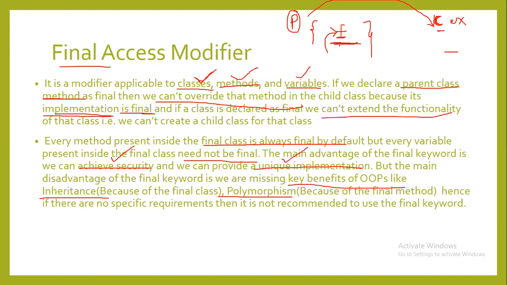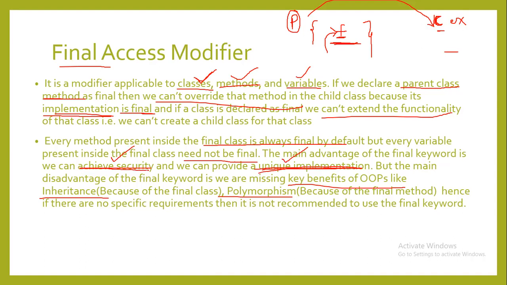As we have seen in the demonstration of the previous points, if any method is prefixed as final, then you cannot change its implementation or its functionality. So the implementation of that method becomes final. So the final keyword supports unique implementation, which cannot be tweaked by any of its child classes.